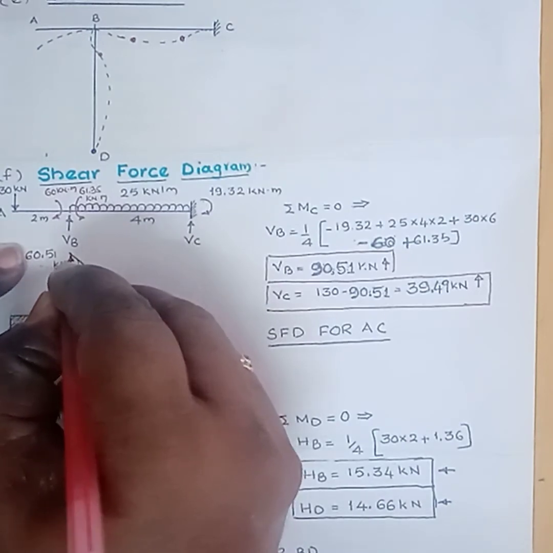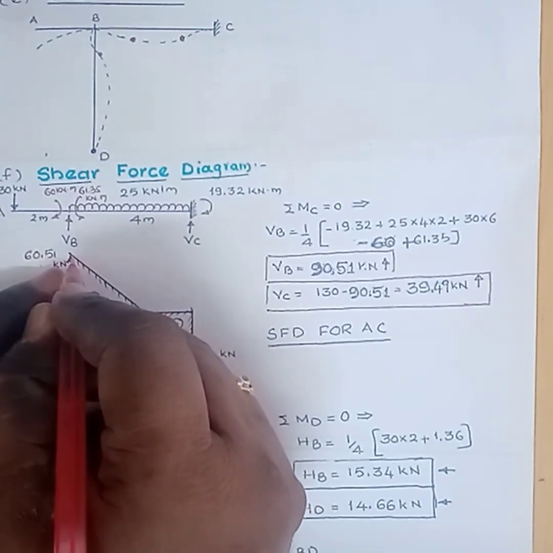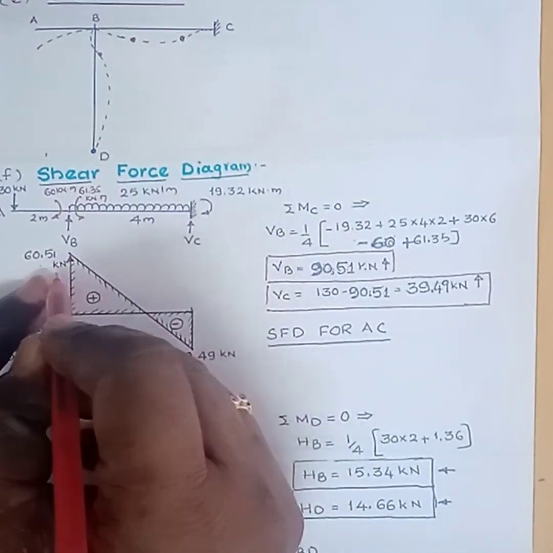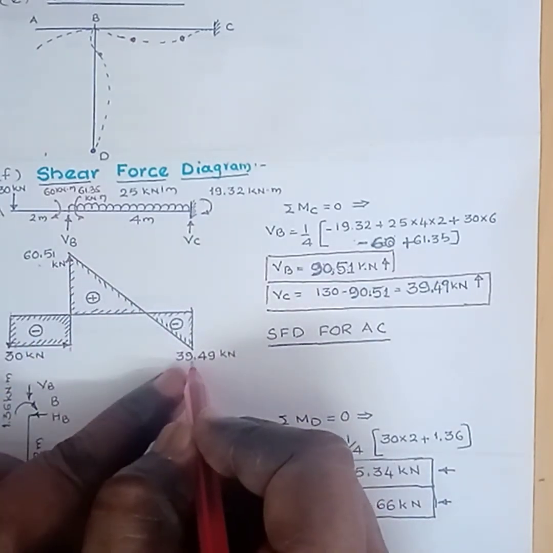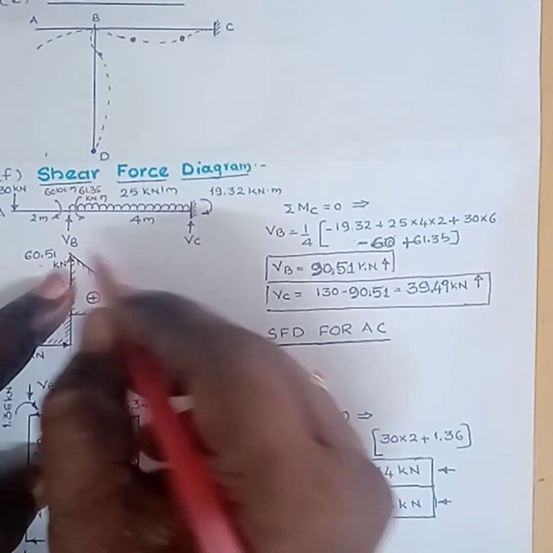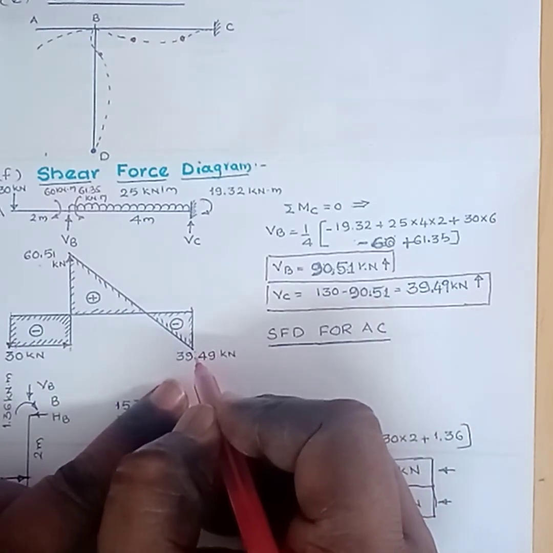Here at B the shear force changes from negative to positive. Then from B to D it is subjected to UDL, that is 60.51 minus 25 into 4, and it gradually changes from 60.51 to 39.49 in a straight line.